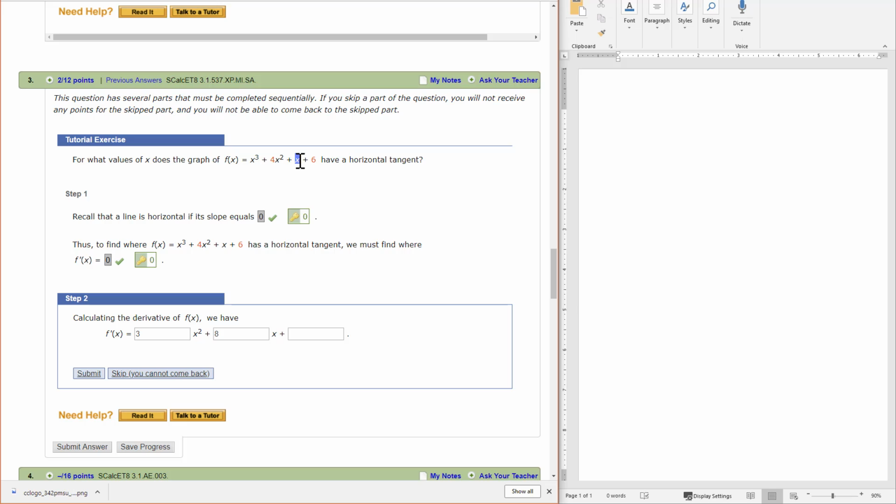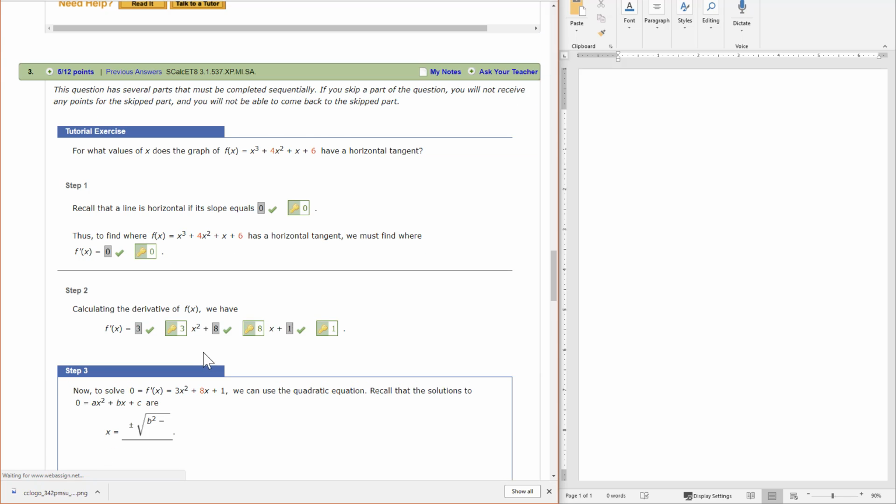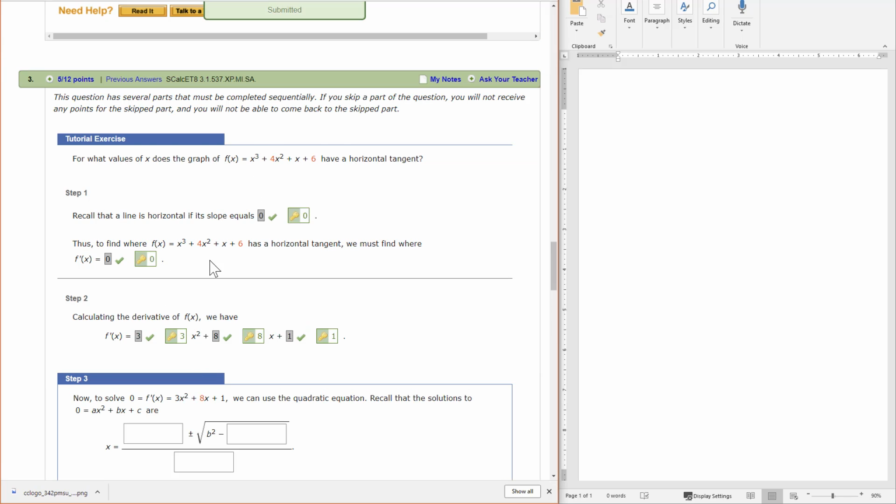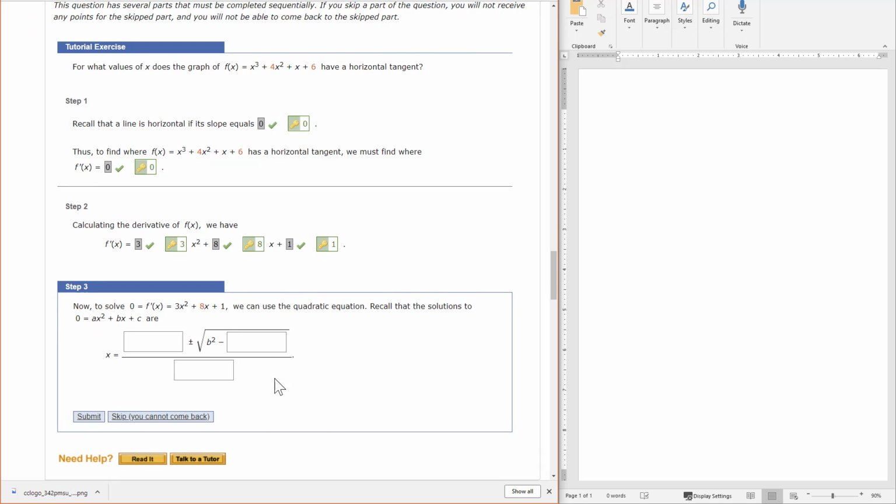Then the derivative of x is just 1, and the derivative of any constant is 0, so that term disappears. We have 3x squared plus 8x plus 1.